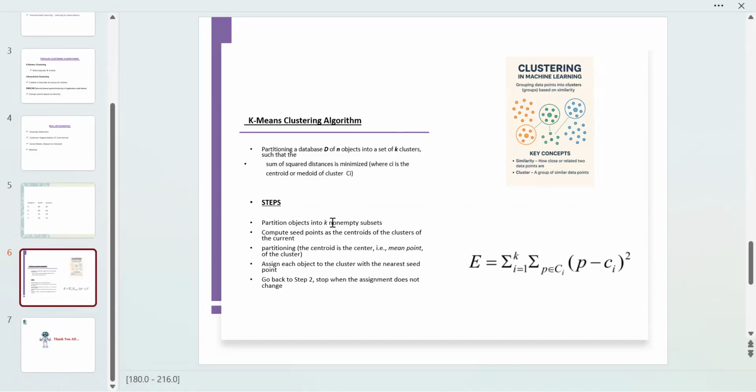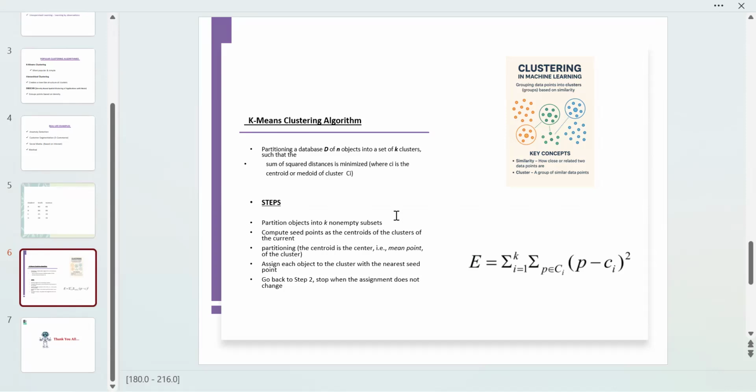Here we use the total objects, and the total database will be converted into K non-empty subsets. For each, we try to identify the centroid, the seed point, the centroid of the clusters.